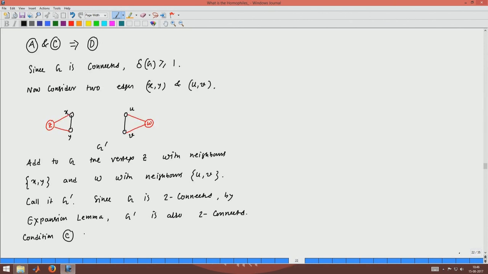So, condition C implies z and w, which are the 2 new vertices in the 2 connected graph G prime, lie on a cycle C. Okay, so here is the cycle. This is the cycle C, the green one.